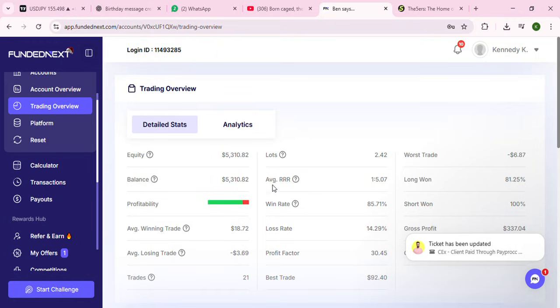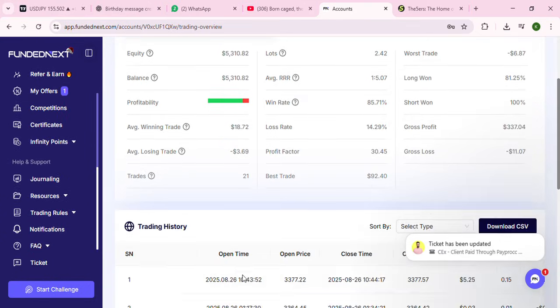Average risk to reward ratio at 1:5, sorry, not 1.5, but 1:5.07. And average winning trades at $18.7. Trades taken here were 21.